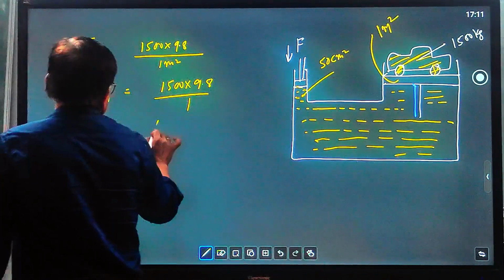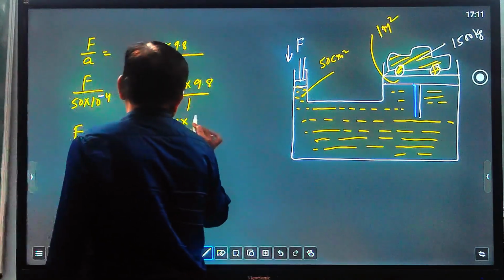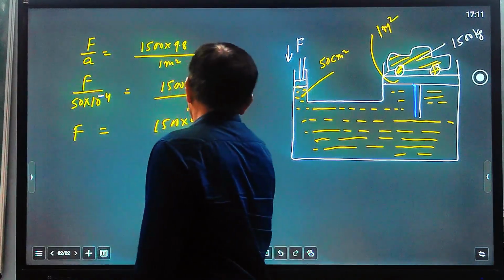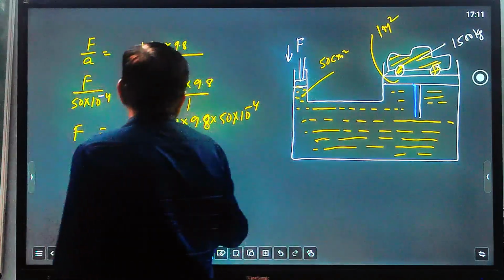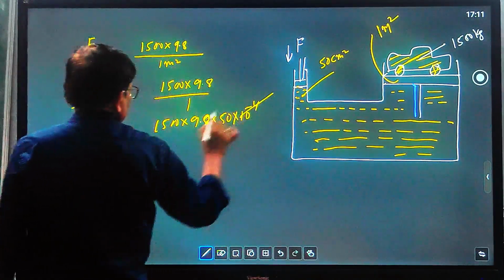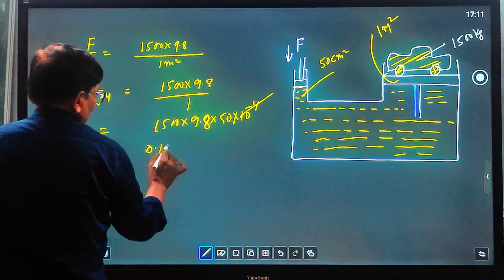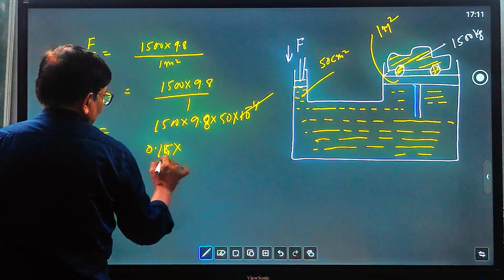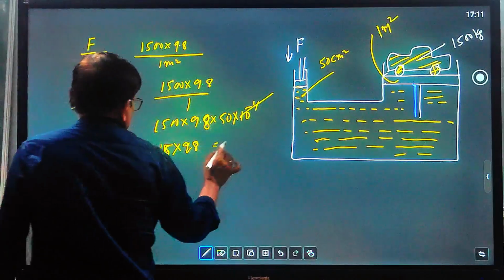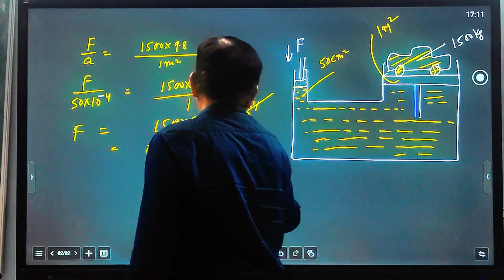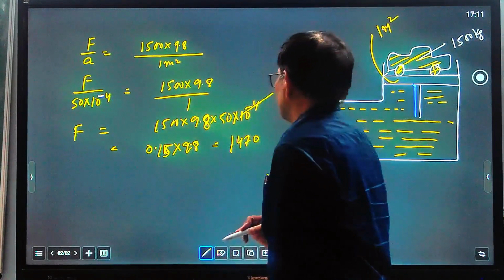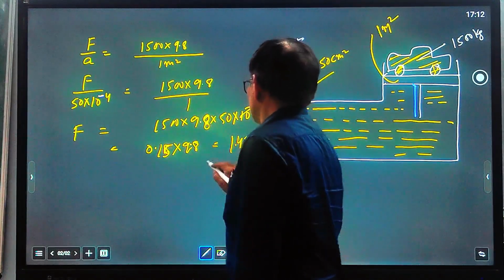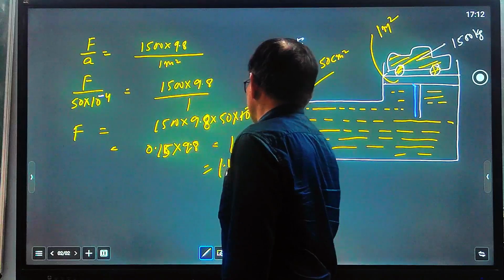F equals 1500 into 9.8 into 50 into 10 to power minus 4. So you can cancel out the minus 4, that is equal to 0.15 into 9.8, which is equal to 1.47. So the force required is 1.47 Newton.